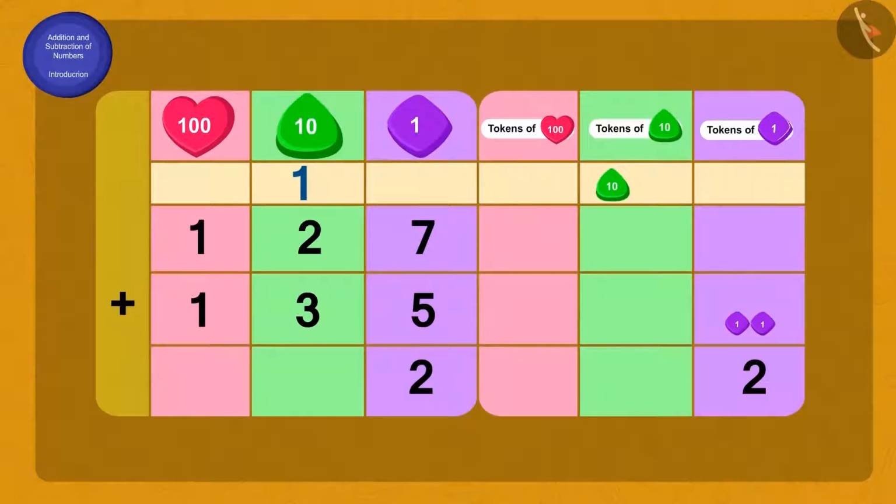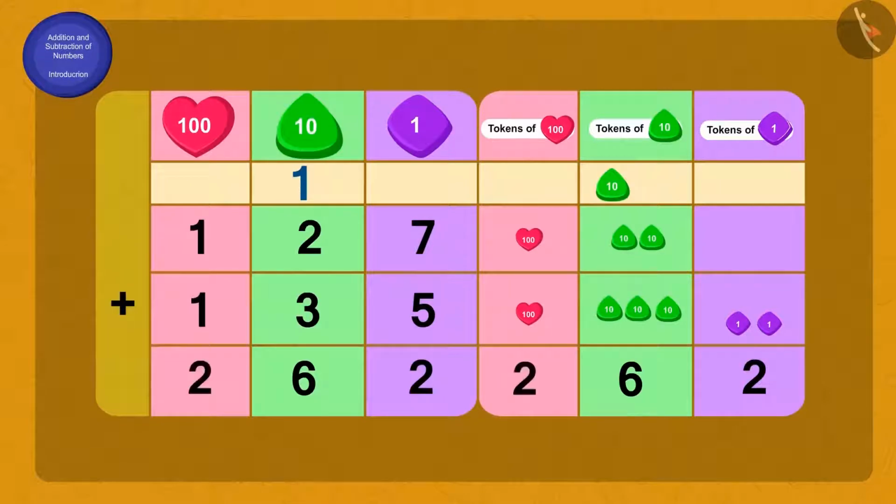And now how many tokens are left with us? 2 tokens of 1. Now how many tens do we have? 6 tens. Now on adding all the hundreds, what do we get?